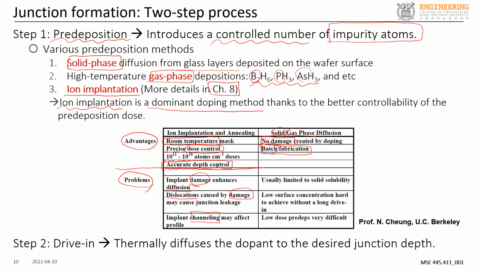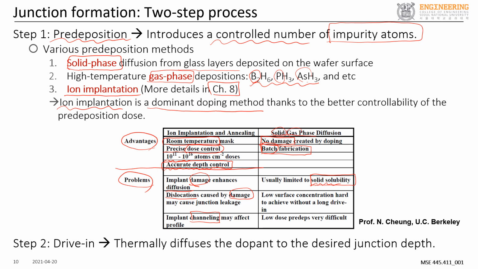However, the big problem with solid and gas phase diffusion is that it's not easy to control the dose. So usually you have to just wait until it saturates. What that means is that your concentration will always be the same as the solid solubility.